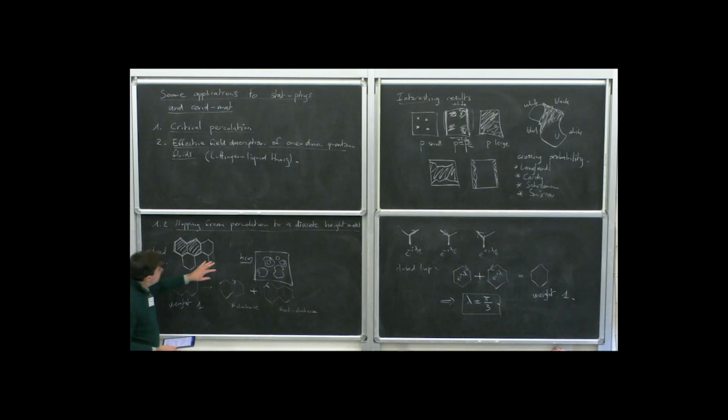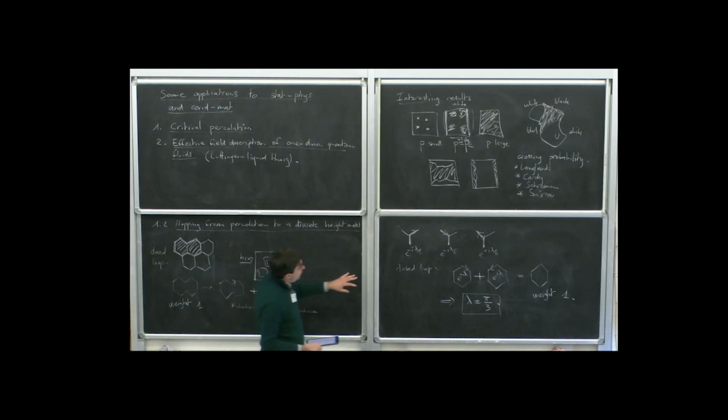Now we want to think of these oriented loops as contour lines of our discrete height field.